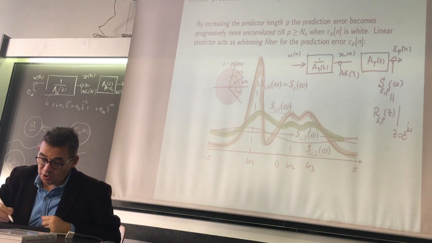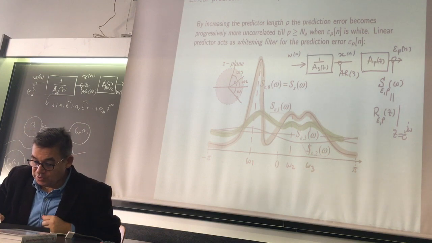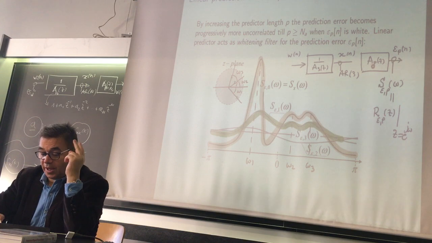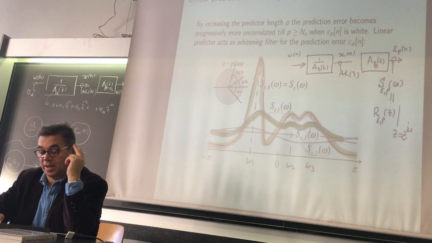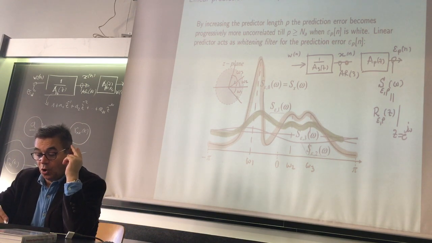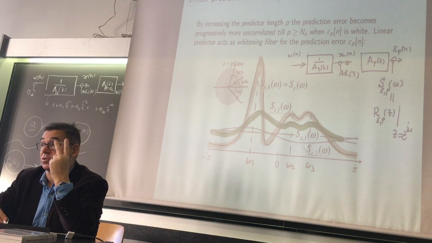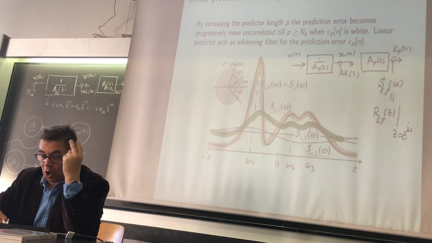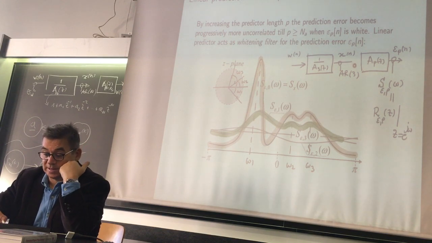Now I try to put a linear predictor of order 2. So I take a linear prediction of order 2 here, and I try to compensate all the 3 poles. But since I have 2 zeros, the 2 zeros are not able to perfectly compensate the power spectral density.